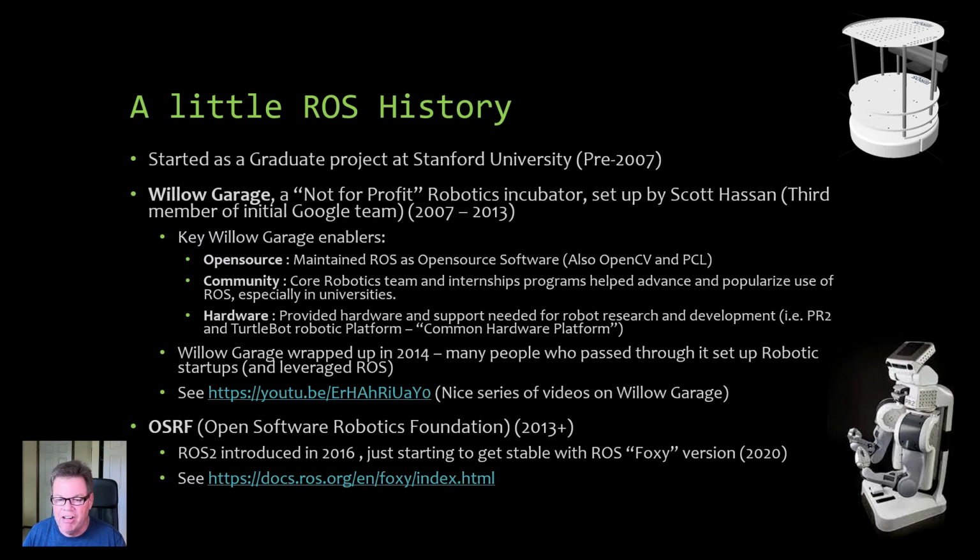So Willow Garage actually managed ROS as open source between 2007 and 2013. They also managed other open source software related to robotics, things like OpenCV and PCL, which is the point cloud library software, all key things for robot development.